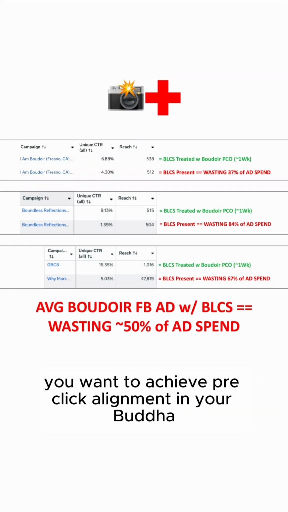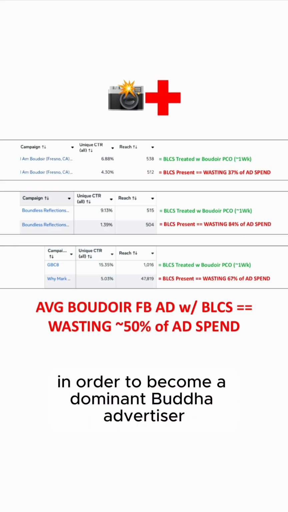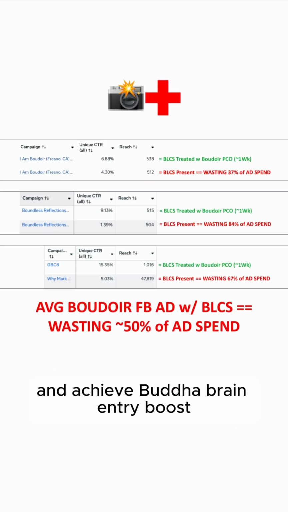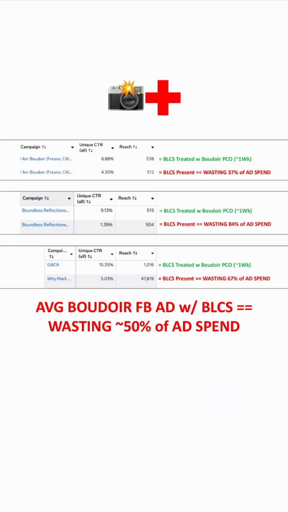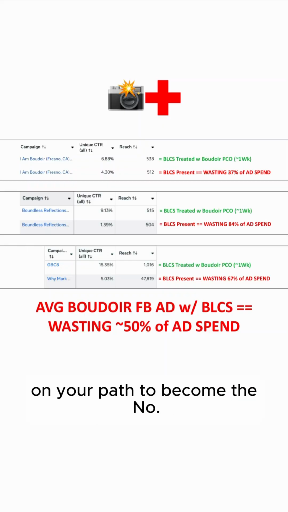And you want to achieve pre-click alignment in your Boudoir Facebook ads in order to become a dominant Boudoir advertiser and achieve Boudoir brain entry boost, because that's what you have to do on your path to become the #1 boudoir photographer in your city.